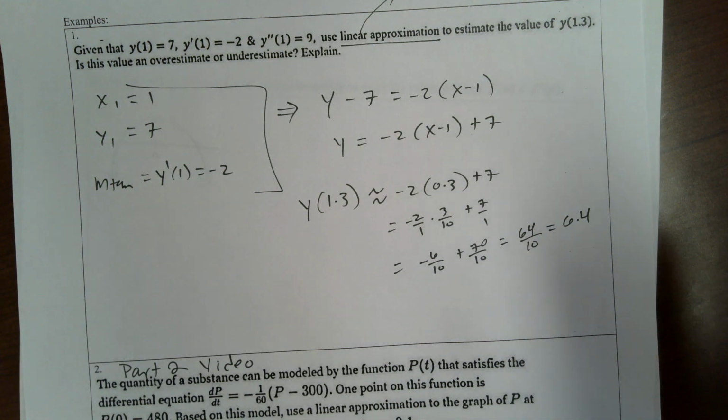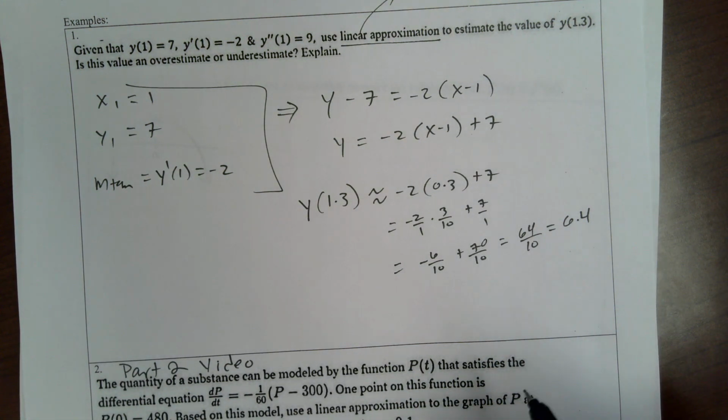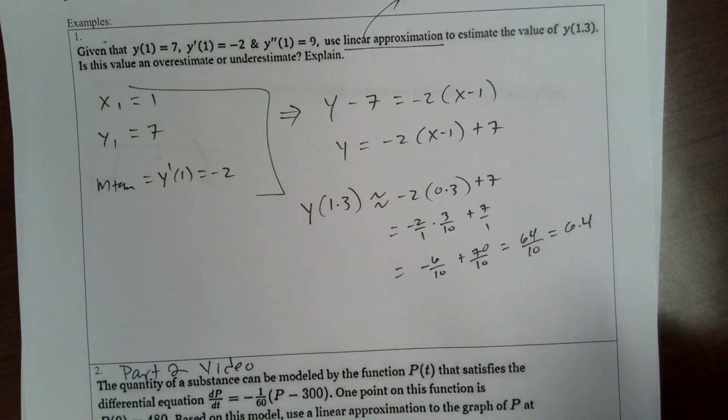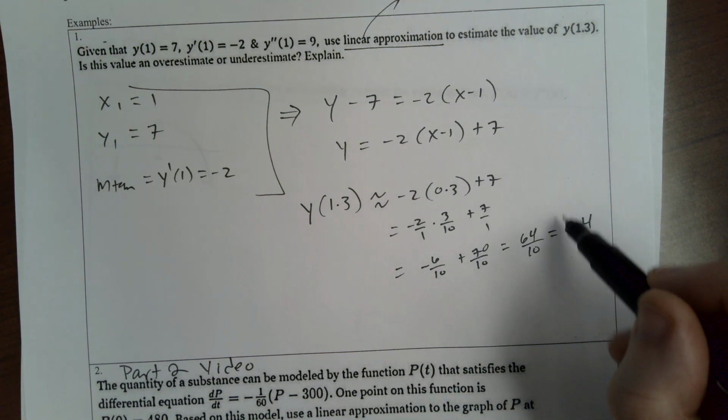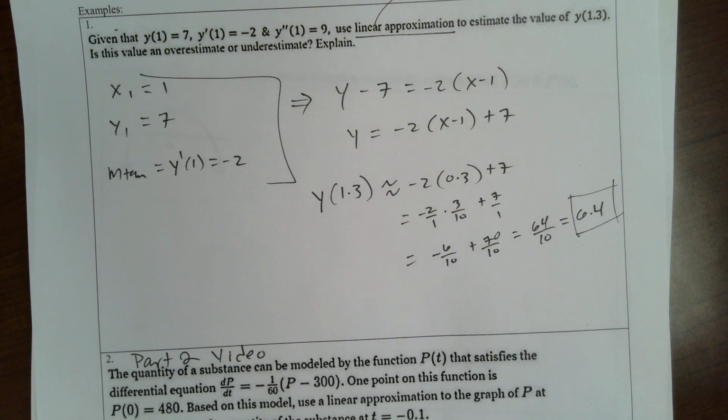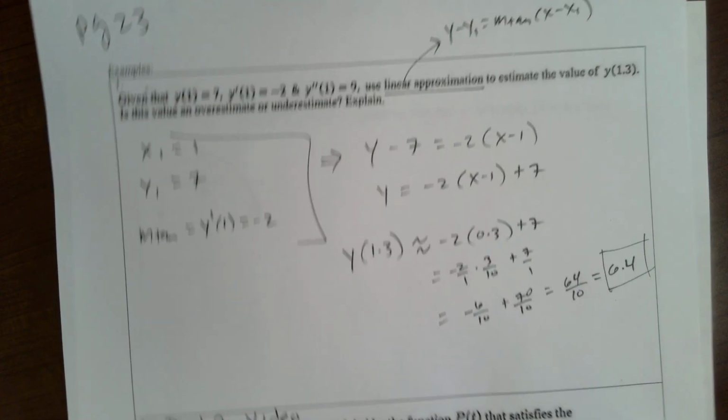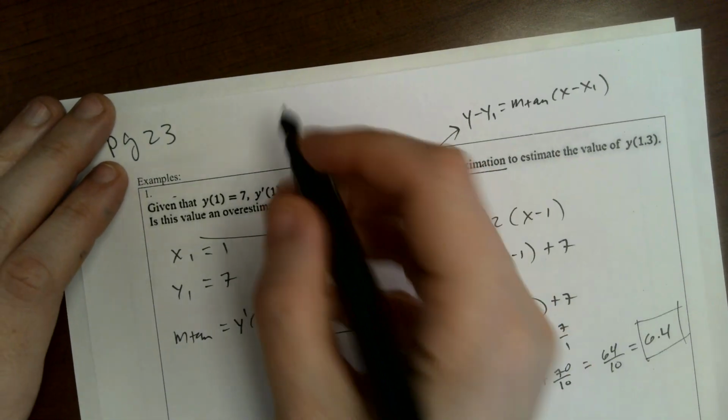You don't have to do it like this. You could leave your answer as a decimal or a fraction, but this sort of math we might be rusty on. Now, this is an approximation for y of 1.3. Now, the question of this being an overestimate or an underestimate, and maybe as we read the problem we should have done this.